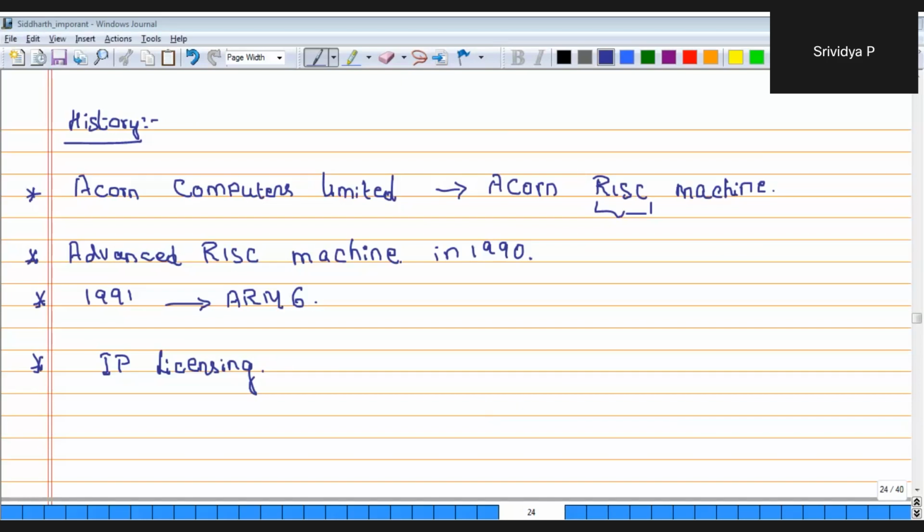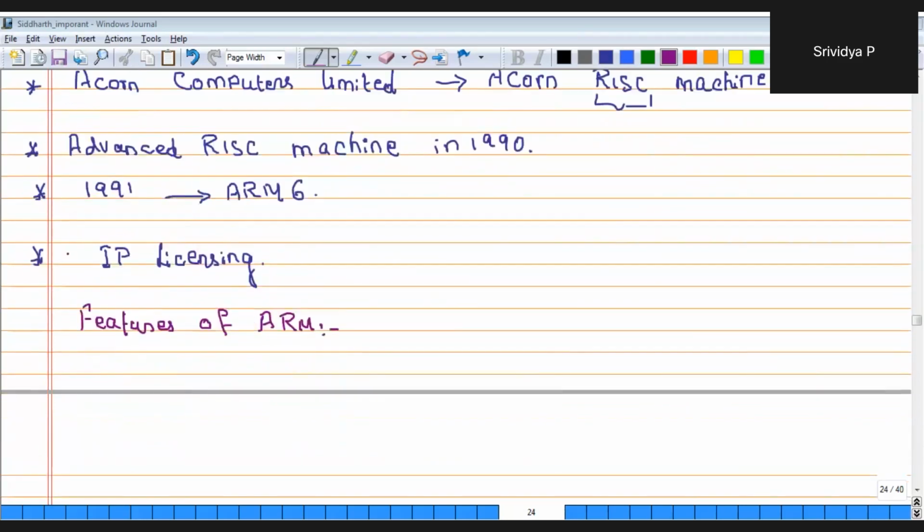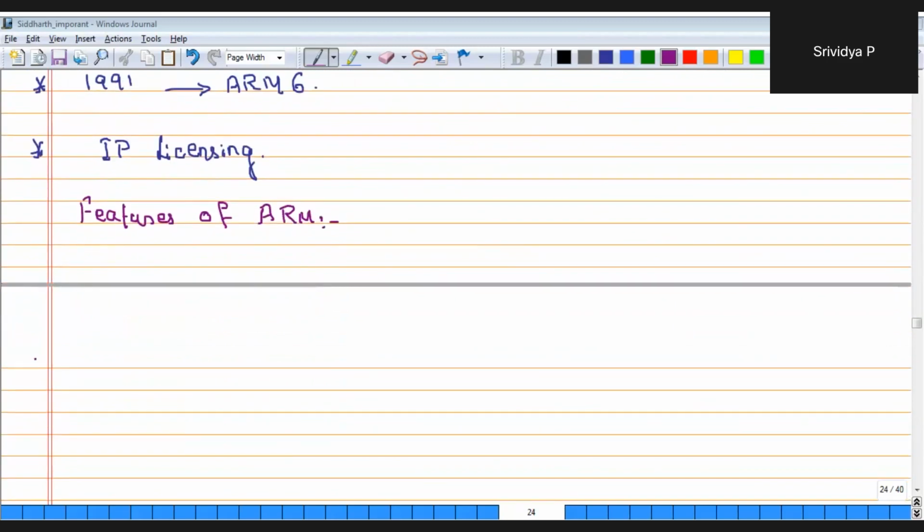Going to features of ARM. ARM supports a 32-bit instruction set, and it also supports a 16-bit compact code called the Thumb instruction set code.